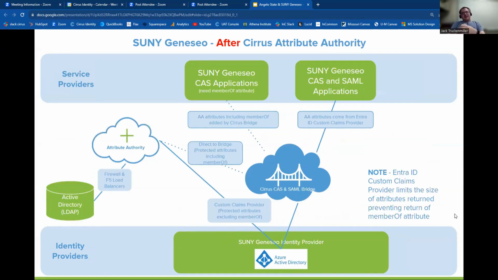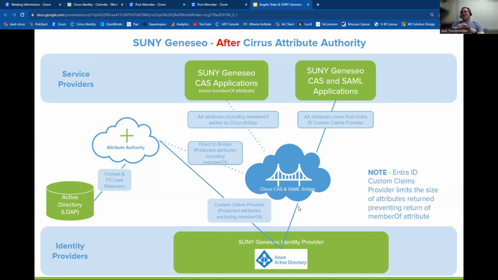And then expanding on that a little bit, for the special attributes, we can't put them in Azure or Entra ID for security reasons. They exist as protected attributes in Active Directory, which is load balanced by an F5, and there's a firewall in front of it. So we have the service account that talks to the load balancer and gets those attributes out of AD, and then it sends them to the bridge, and it can also just send them to the custom claims provider, which is very handy.